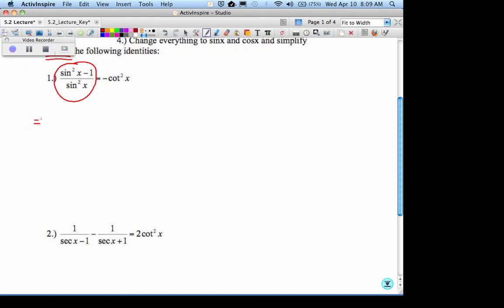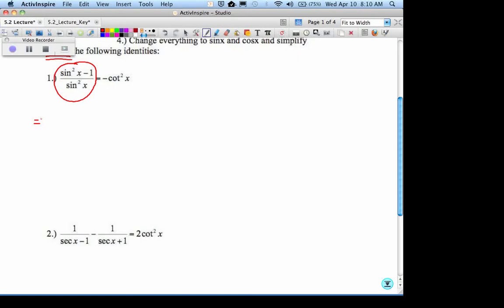So, looking at that first circled area, is there anything you might do? Well, what did we learn yesterday? That's the same as cot squared. Oh. Sine squared minus 1 is? Negative cosine squared.